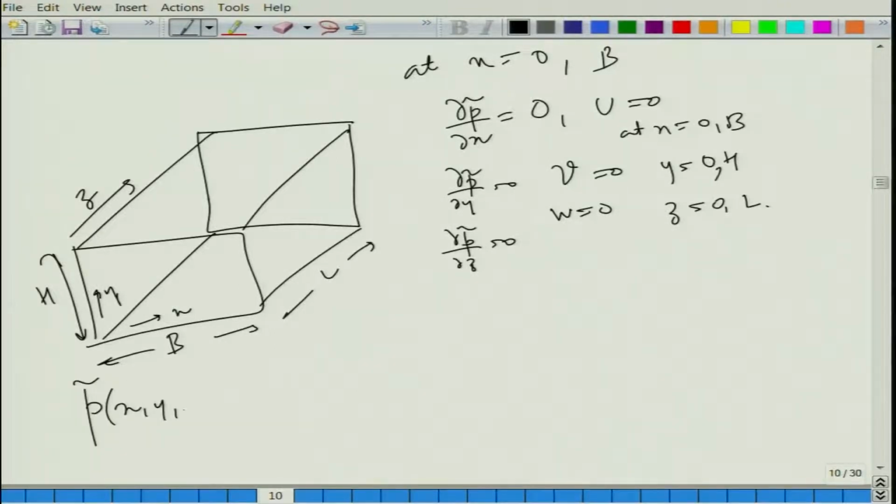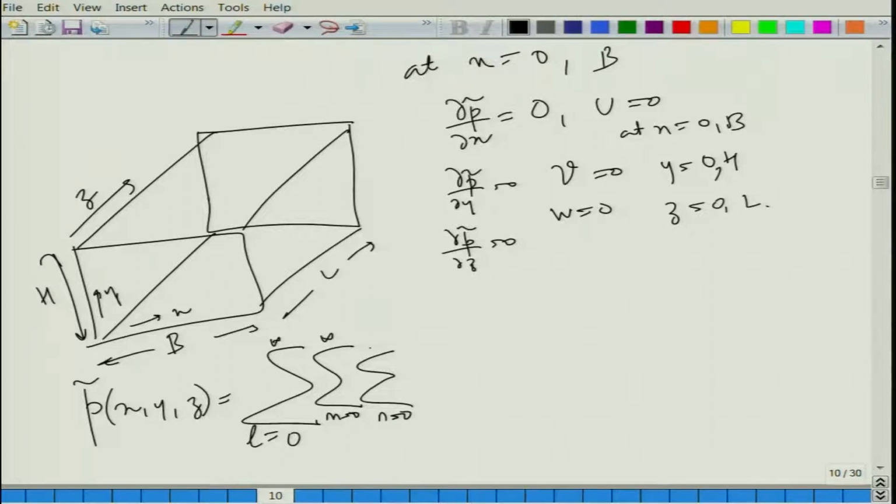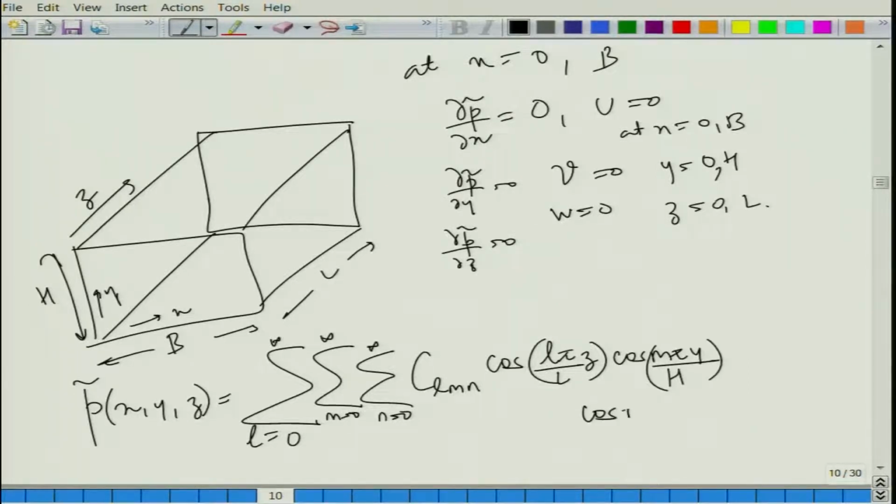So, l is equal to 0 to infinity, m pi y by h, this is the thing, and of course, you have your e^(j omega t).